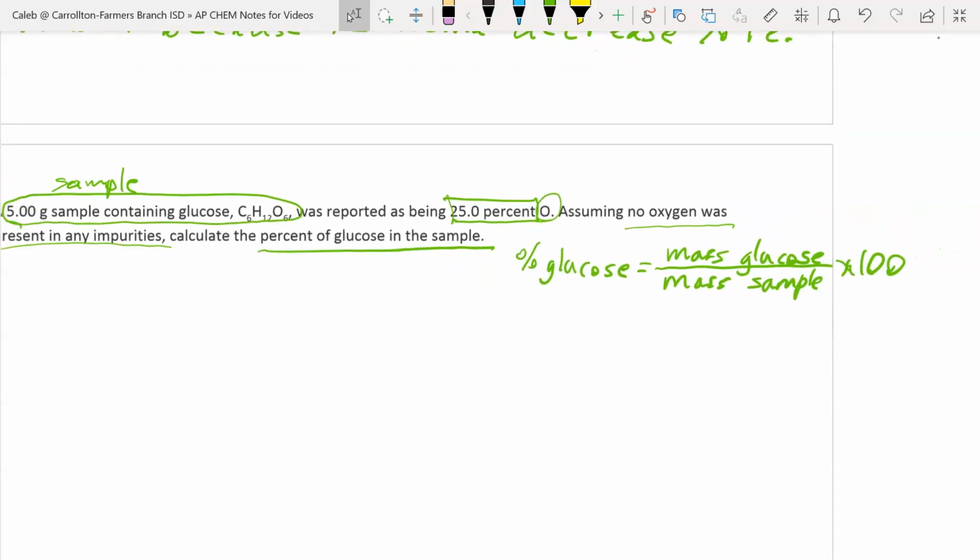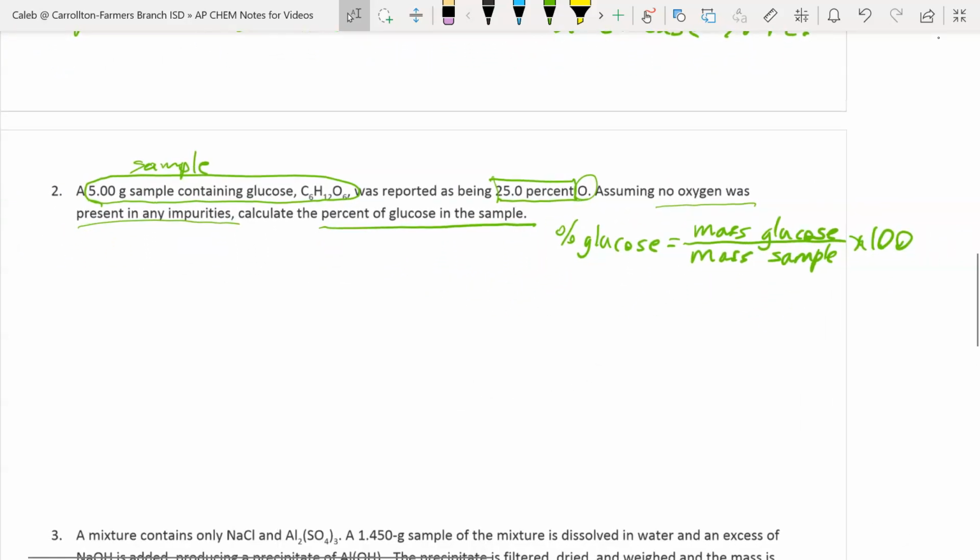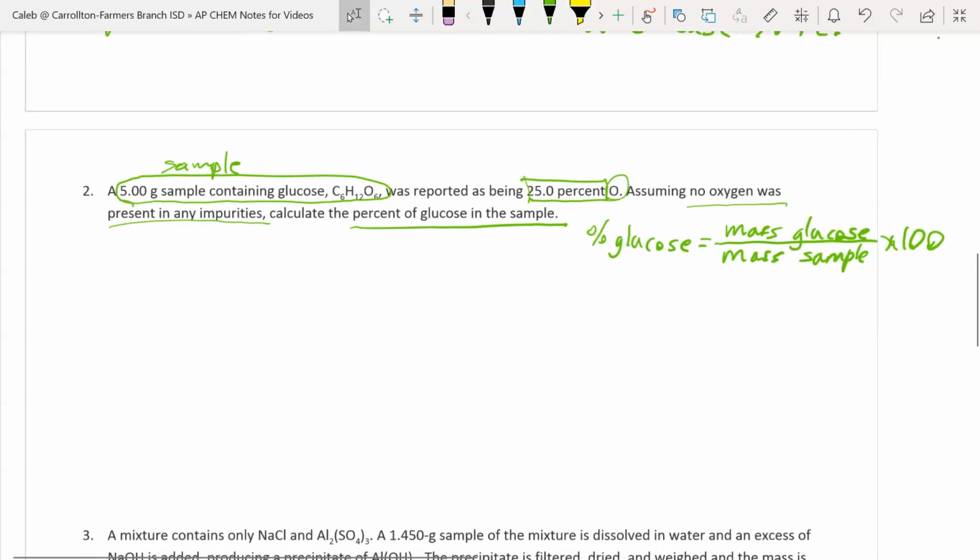How in the world am I going to find the mass of glucose? Well, all I know is the percent of oxygen. So what I'm going to do is find out how many grams of oxygen that is. Well, they gave us the mass of the sample, so let's get started by doing this. I've got 0.25, that's 25%, multiplied by 5.00 equals, and that's going to tell us the mass of oxygen.